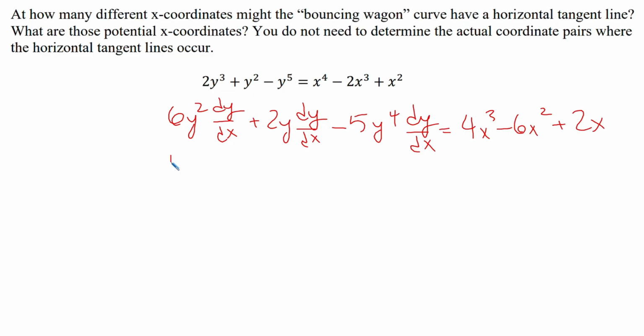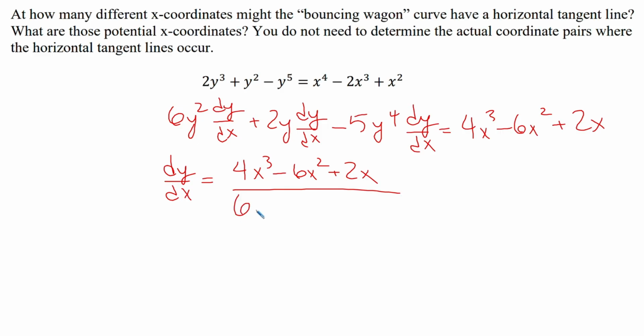So dy/dx will equal our same values there, 4x cubed minus 6x squared plus 2x. And then the dy/dx on the left side can all be factored out, and we'll just divide by 6y squared plus 2y minus 5y to the 4th. Well, that derivative is equal to 0 when the numerator is equal to 0.